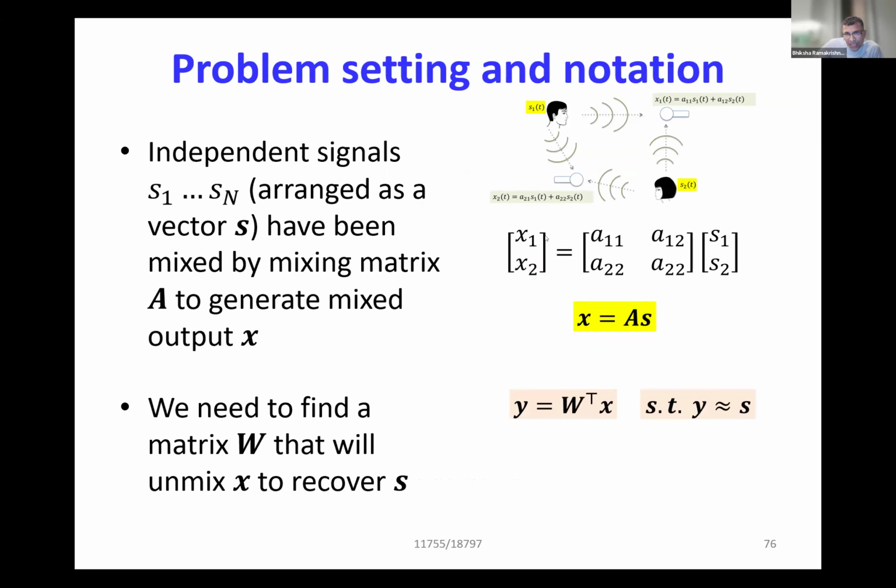So your mixed data X equals A times S, where A is the mixing matrix, and I want to find an unmixing matrix W. Sorry for switching the symbols. I didn't have time to fix my slides. So I want to find an unmixing matrix W such that W transpose X gives me independent components Y that are almost the same as S. Did the change of notation make sense?